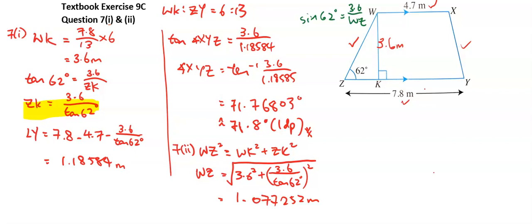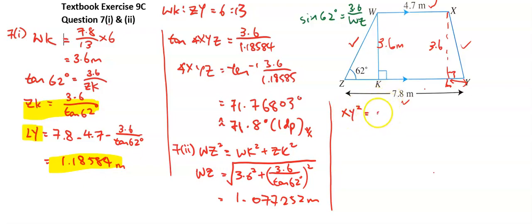The next side that we want to find is XY. In the previous part, I've already explained we can drop a line down to form a right angle triangle. This side here is 3.6 meters, same as WK, and we have found the length of LY in the previous part, which is 1.18584. So we use Pythagoras theorem again. XY squared equals XL squared plus LY squared.